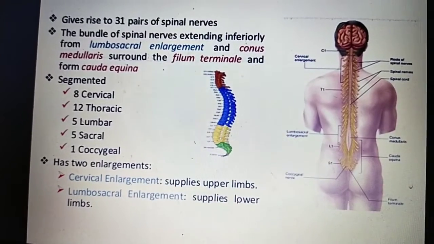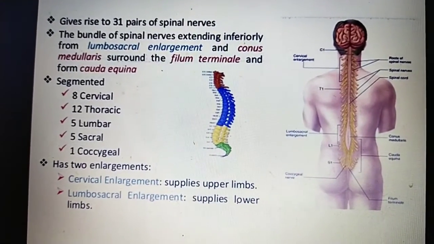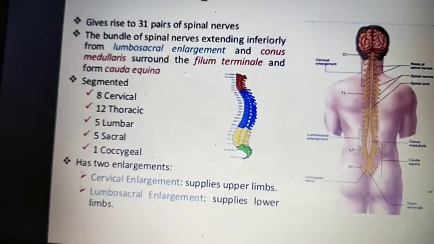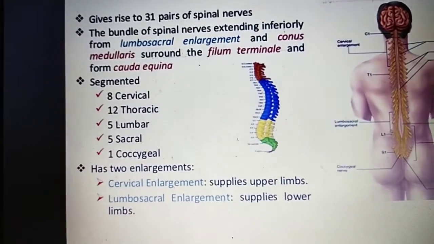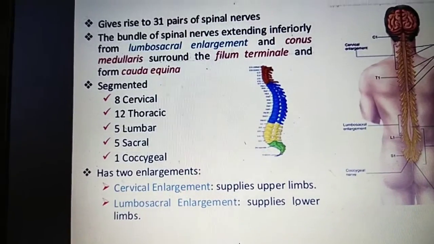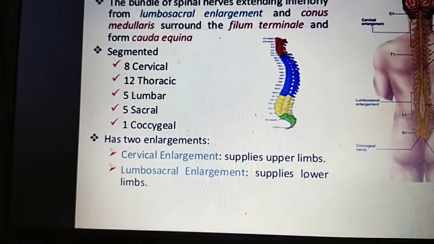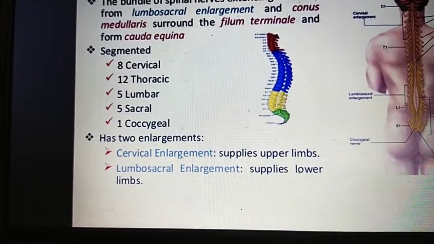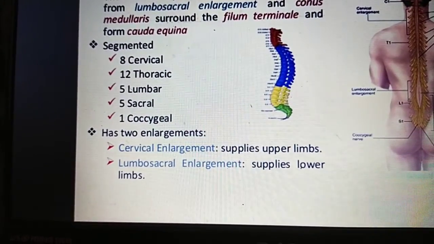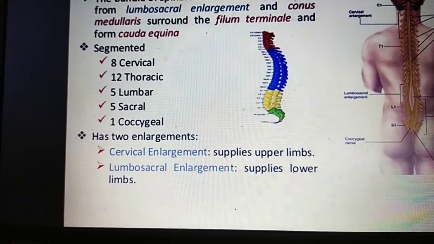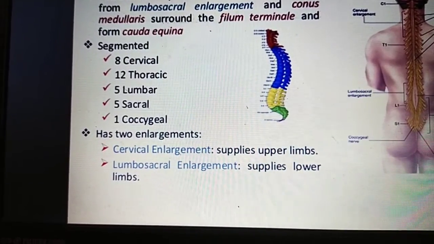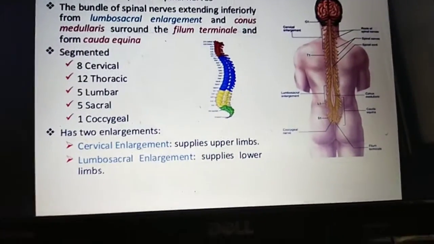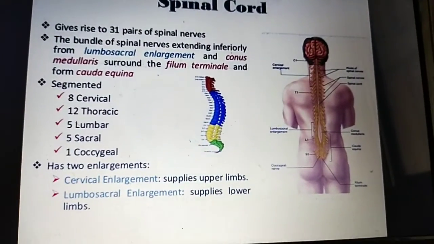Segmentally we divide the spinal cord into 8 cervical nerves, 12 thoracic nerves, 5 lumbar nerves, 5 sacral nerves, and 1 coccygeal nerve. It has 2 enlargements, one cervical enlargement and one lumbosacral enlargement. The cervical enlargement supplies the upper limb and the lumbosacral enlargement supplies the lower limb. You can see the enlargements and nerves in the next slide.